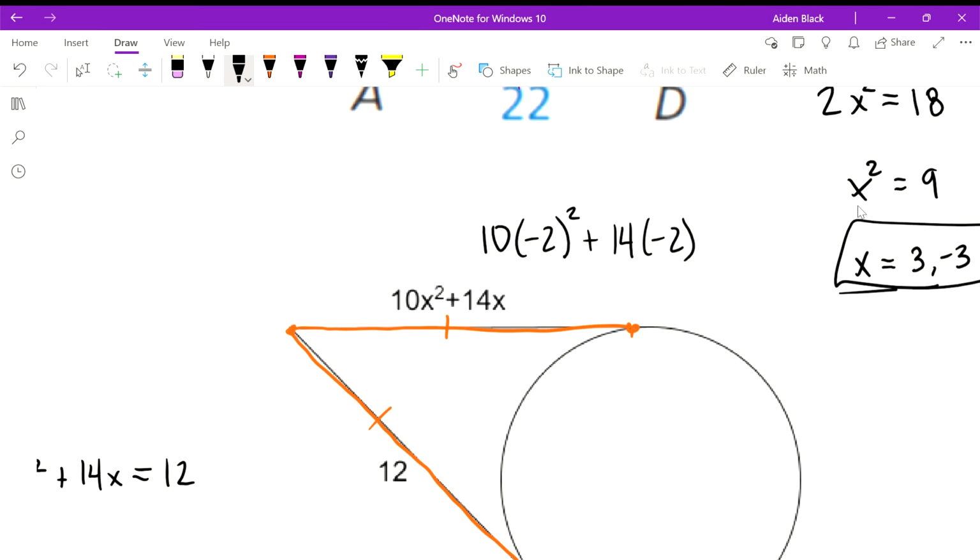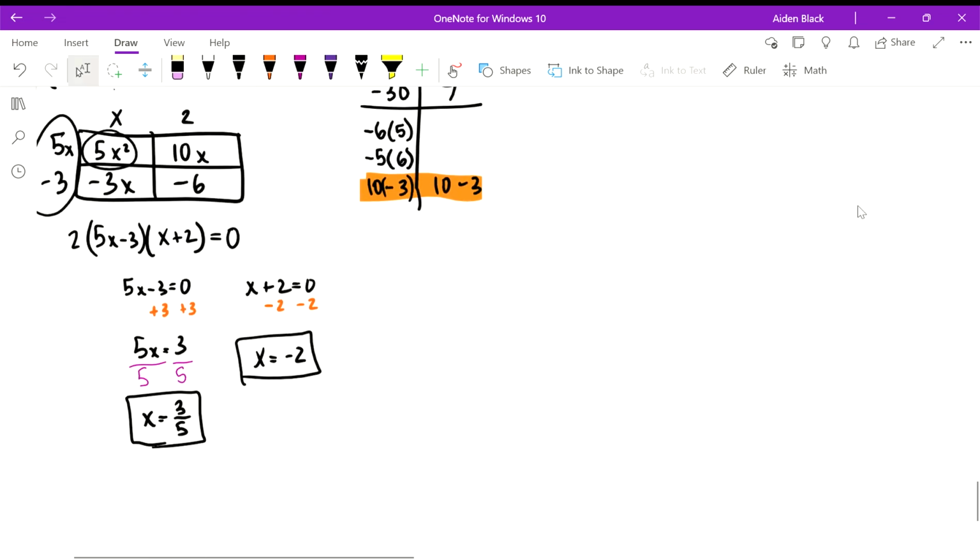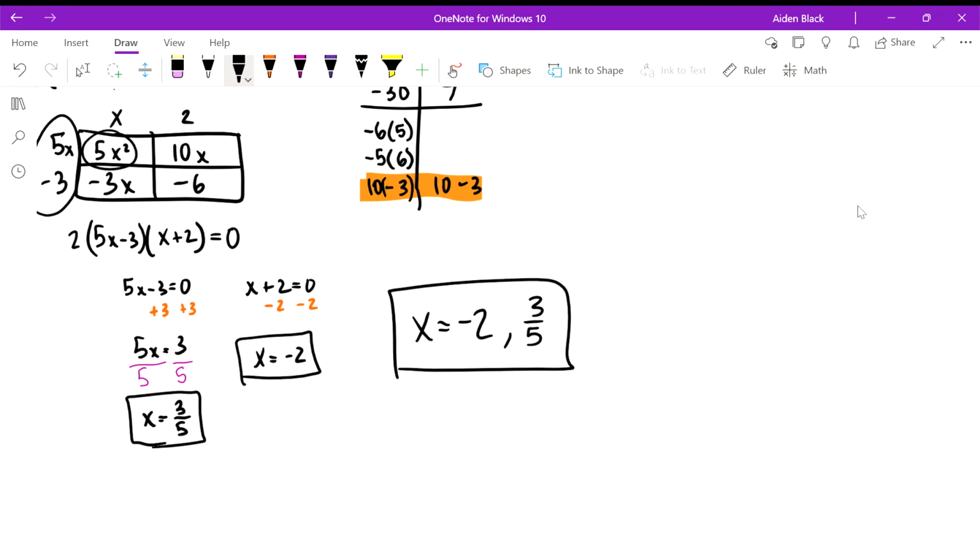So -2 squared is 4. 10 times 4 is 40. 40 plus, and then this would be -28. And that equals 12, positive value. So truly, both of these answers, x equals -2 and positive 3/5, are your solutions.